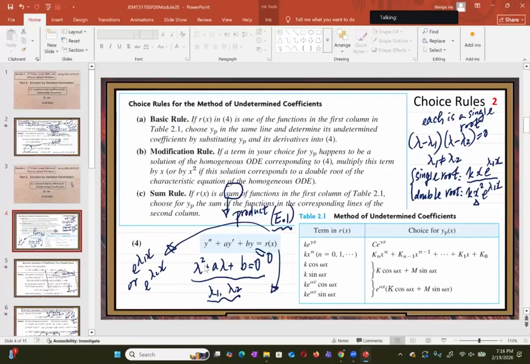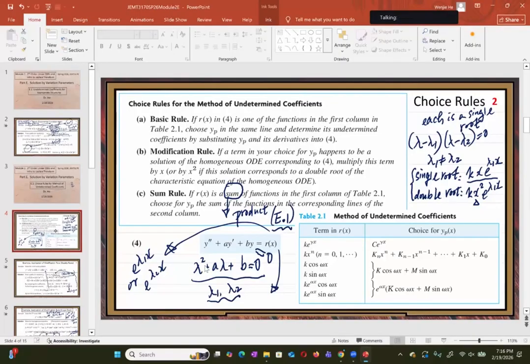When you have one cosine, you should have both. One sine, you should have both. A sum of sine and cosine, you still have both. So when you apply the choice rules, try to be very careful. All right, so we answered that question.